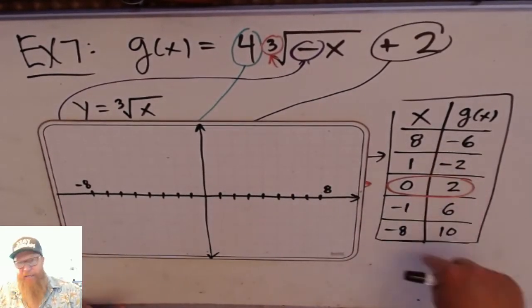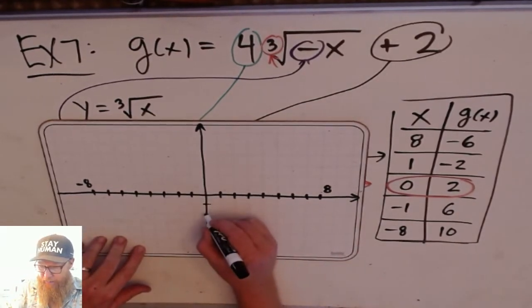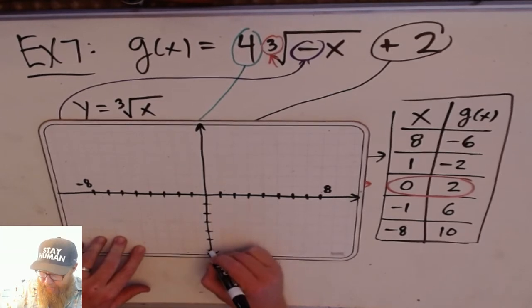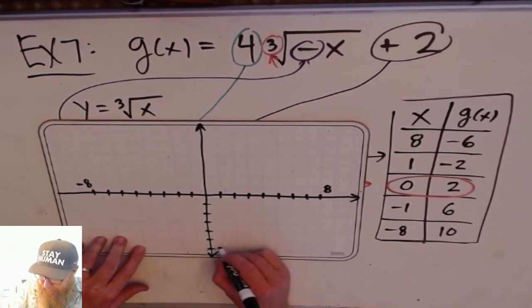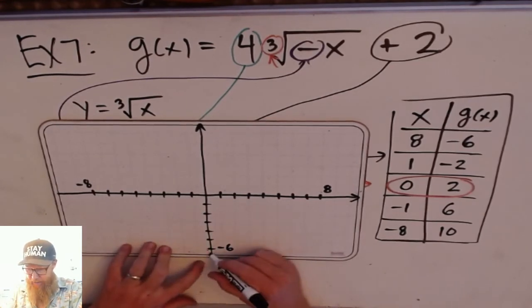I always look at the values before I make my graph, because I know I can get them all on there. 1, 2, 3, 4, 5, 6. So that one's barely going to fit. I really don't need that arrow right there. It's kind of getting in the way.